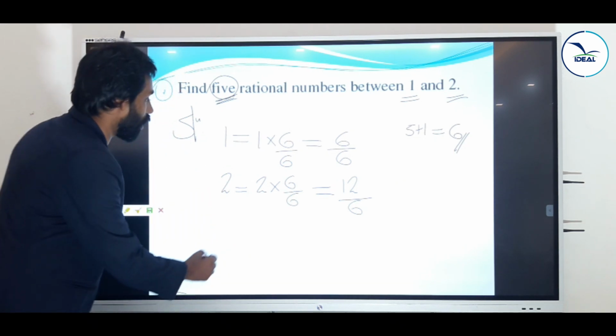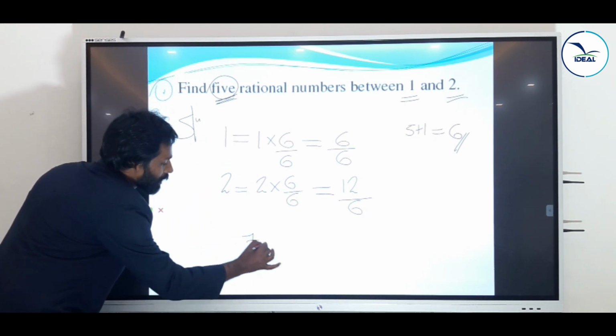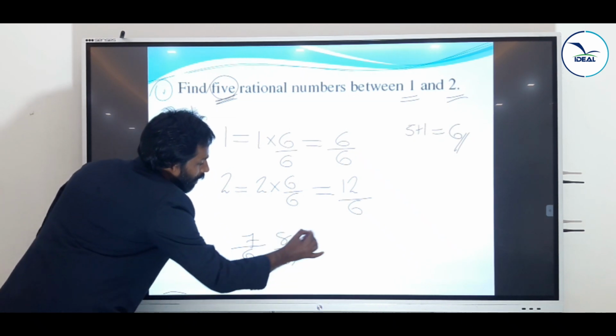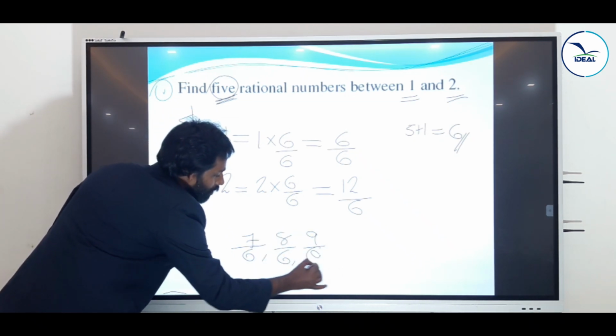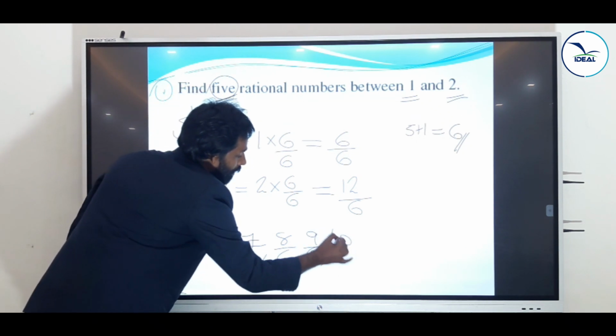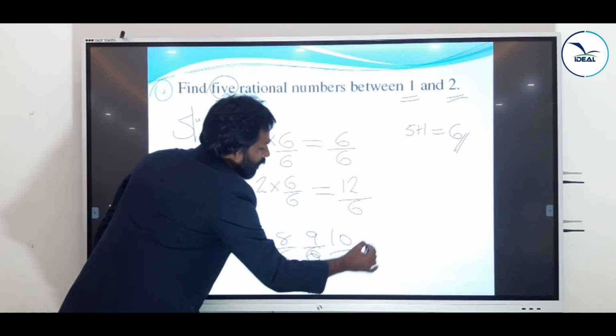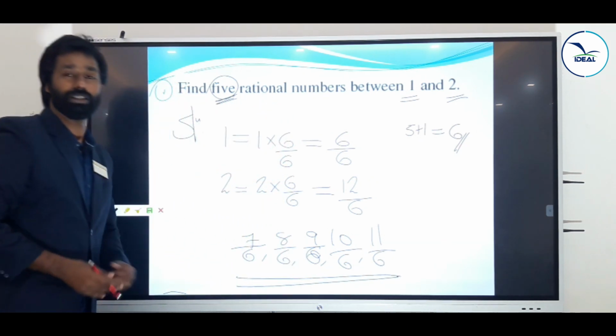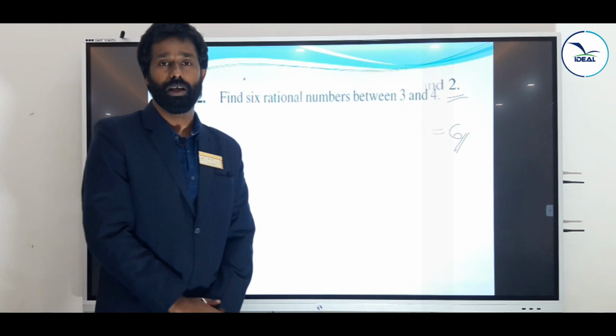What are they? Well, it's very simple: 7 by 6, 8 by 6, 9 by 6, 10 by 6 and 11 by 6. These are the 5 rational numbers between these 2 rational numbers.